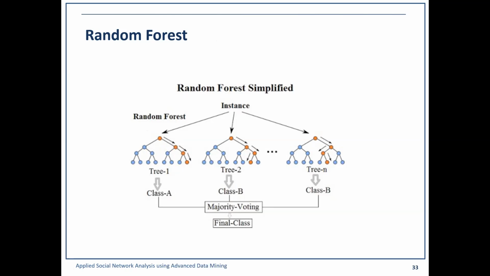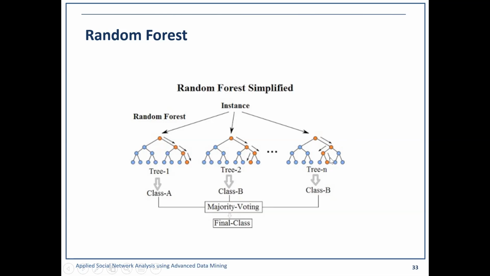So, for example, tree 1 classifies our observation as class A, whereas tree number 2 classifies the observation as class B. They don't agree. These two trees don't agree. But that's exactly the power of a random forest. We use a set of trees, maybe 10 different trees, here just shown as n, 10 different trees.